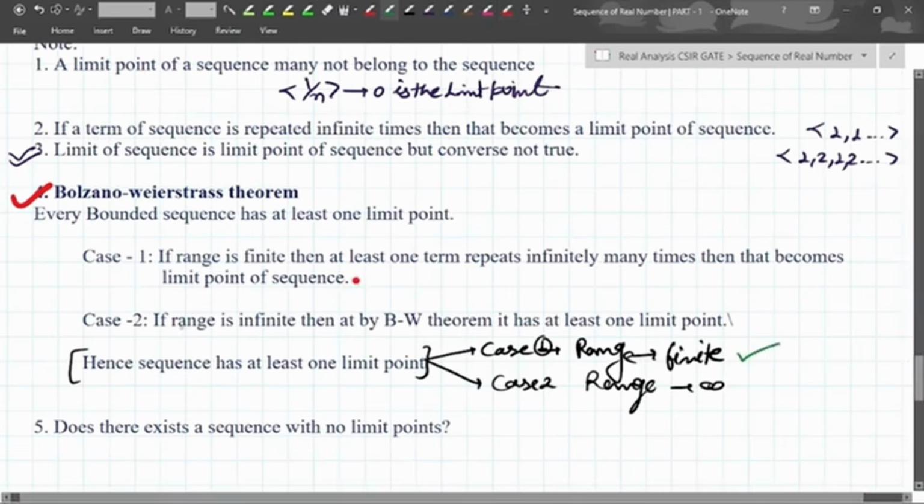If the range is infinite, then since the sequence is bounded, by the Bolzano-Weierstrass theorem it has at least one limit point. Hence the sequence has a limit point. So in both cases, a limit point exists.